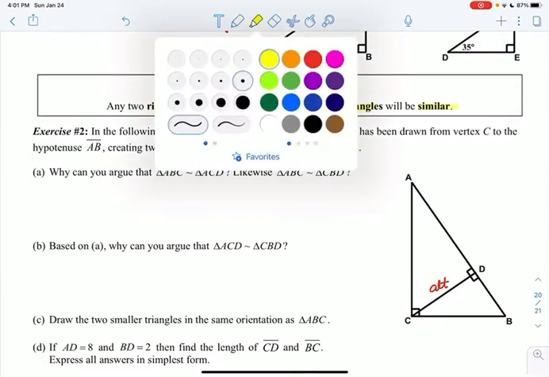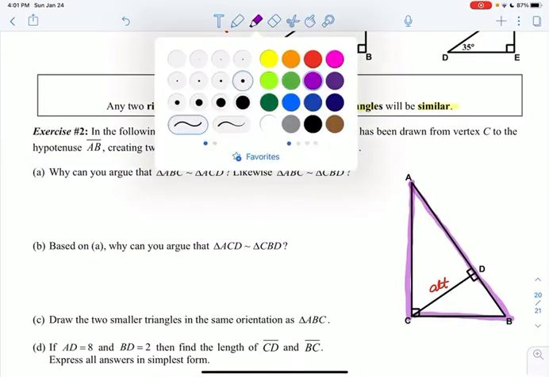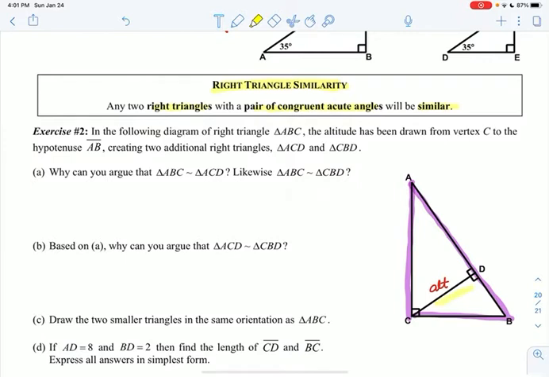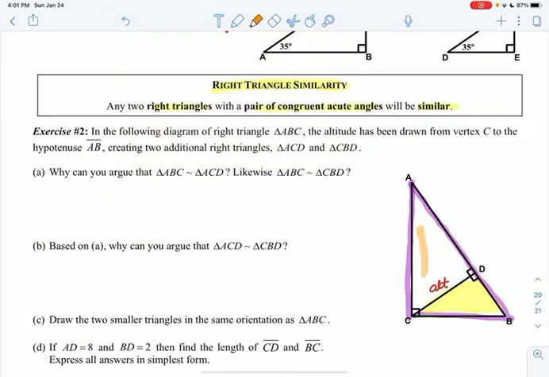I have this outermost triangle, which is triangle ABC, and then I have the two triangles inside. So I got this triangle in here, that smaller one, then I have this medium-sized triangle, and then I have the big triangle. Okay, so I got three triangles going on.